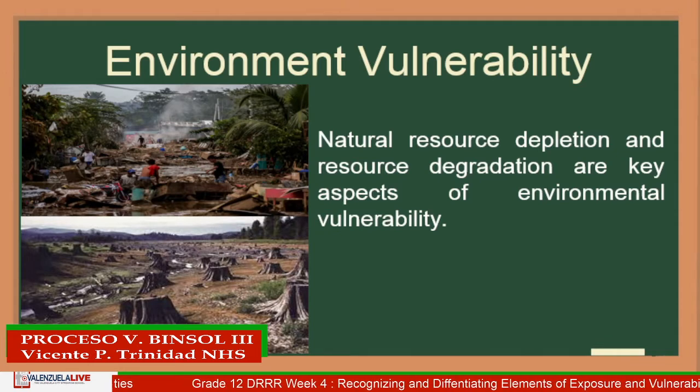Human activities like, for example, deforestation, burning of fossil fuels, and kaingin farming affect the natural abilities of the environment to protect itself from any natural hazard. Due to the absence of trees, which may cause landslides and flash floods. Sometimes, the effects are irreversible.